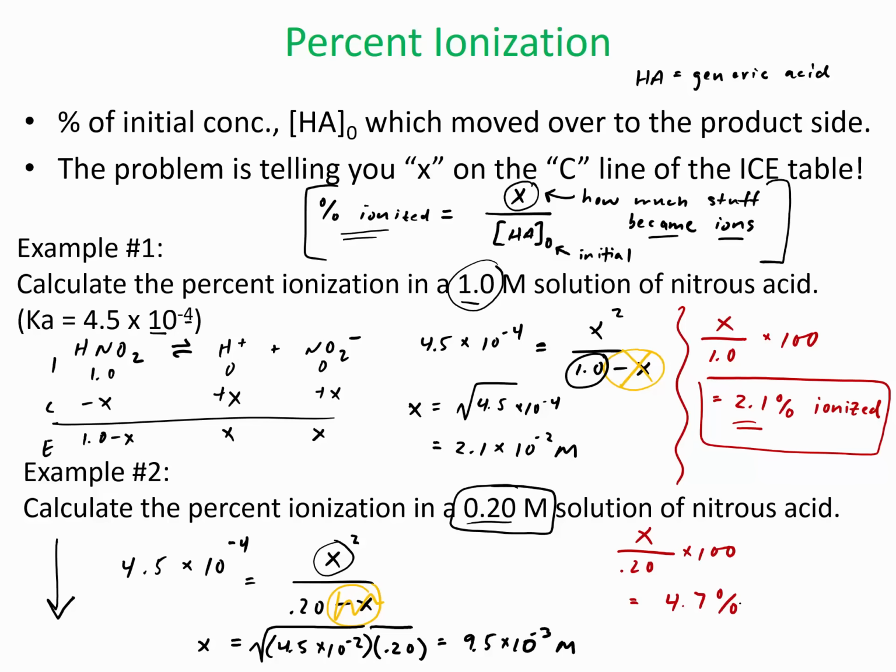And just to show you what that means, if I take the 0.20 minus the 9.5 times 10 to the negative third, so minus x, I get 0.19 molar. Okay, so if I graphed it, I'm going to get really close to this anyway. So this is 4.7% ionized.